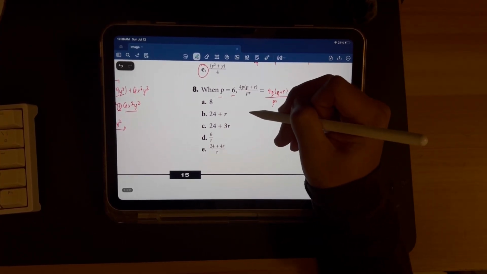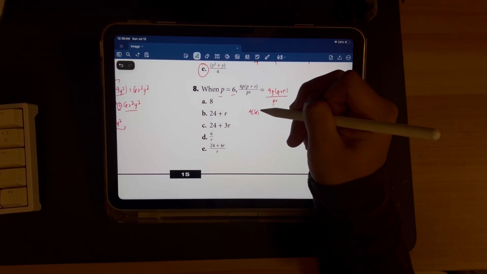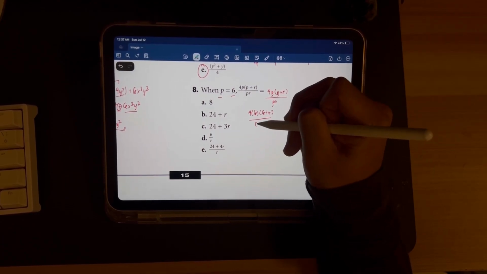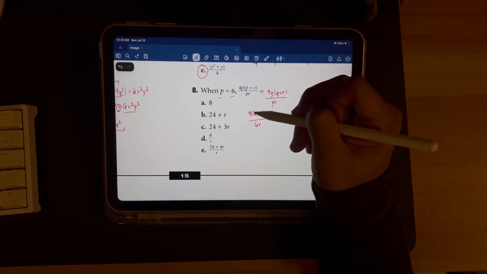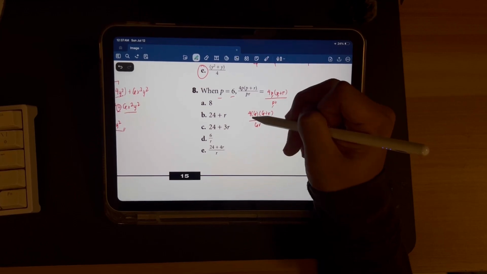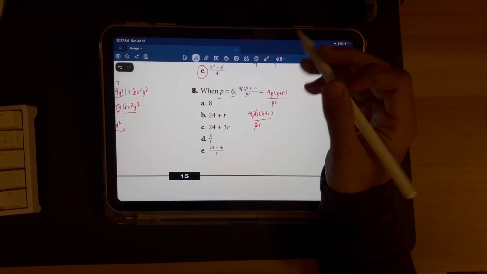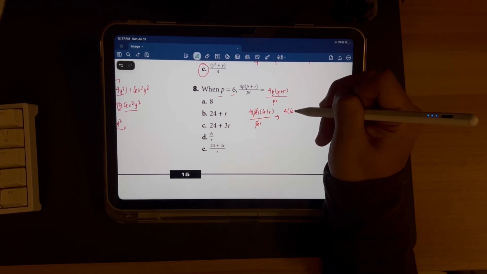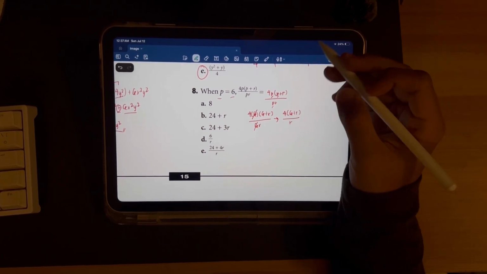So let's rewrite it as 4 multiplied by 6 multiplied by 6 plus r all over 6r. Now we can actually cancel this 6 with this 6, and that will simply become 4 multiplied by 6 plus r all over r.